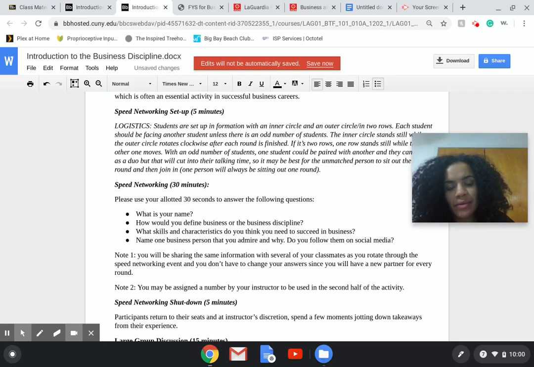Remember, it's not just the technical skills like being able to crunch all the numbers or do all the strategy. There are also non-technical skills involved, like being able to interact with other people, work in groups, lead effectively, communicate well, both verbally and non-verbally, and also being able to write, and things of that nature.